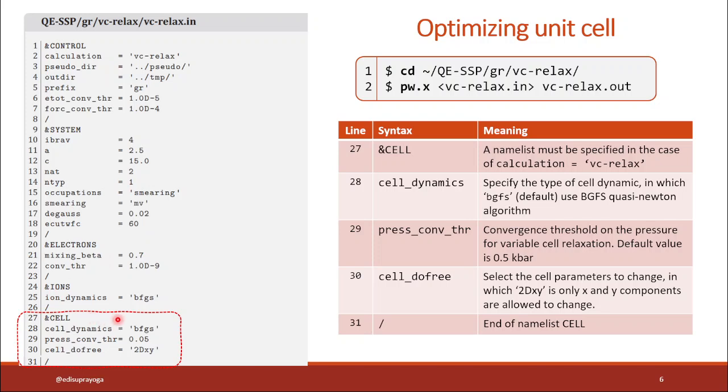Note that the convergence criteria for the optimized unit cell is based on pressure, which is set by the pressure convergence threshold. For two-dimensional materials such as graphene, we also need to set cell_dofree equal to '2Dxy', which means that only the x and y components are optimized. The description of some input variables is given in this table.